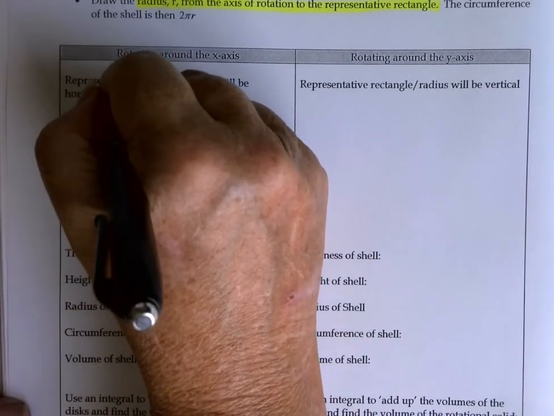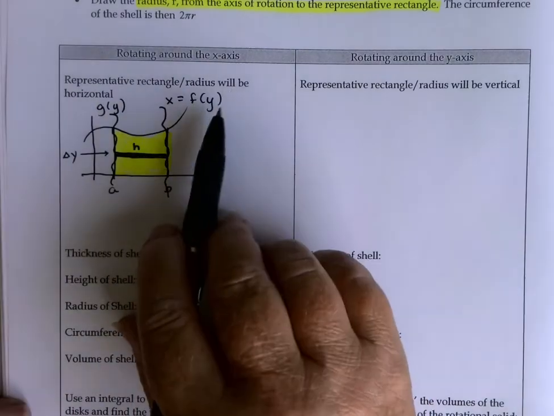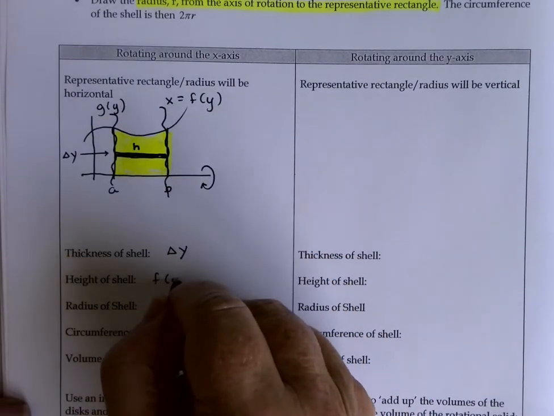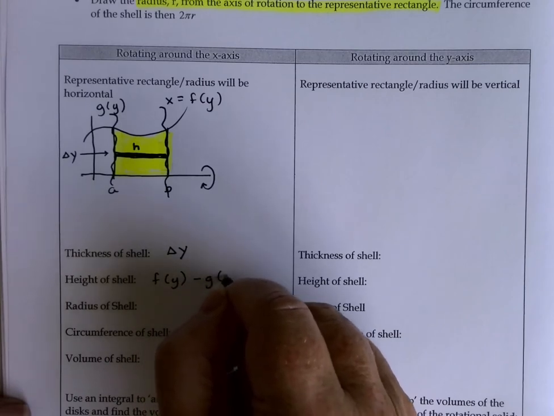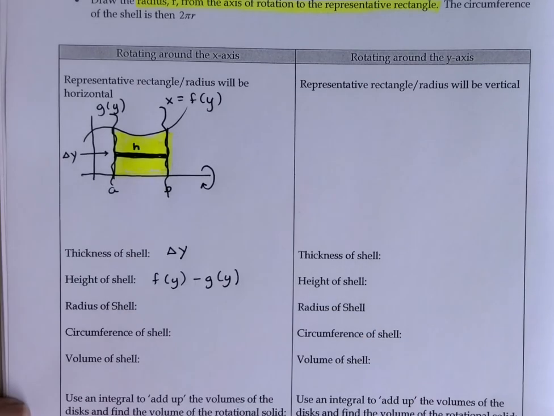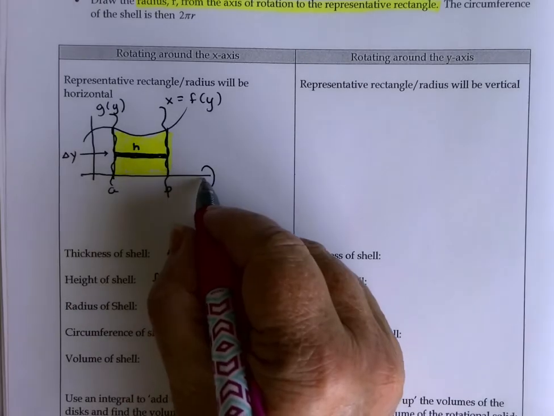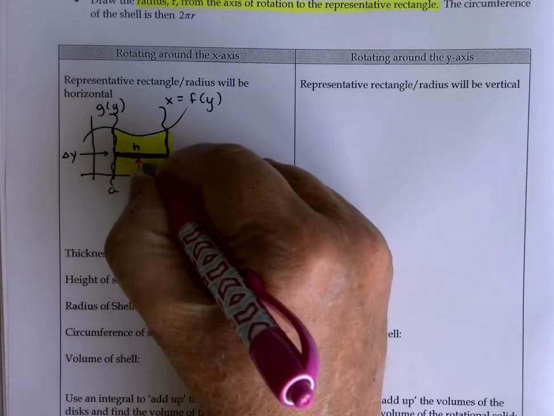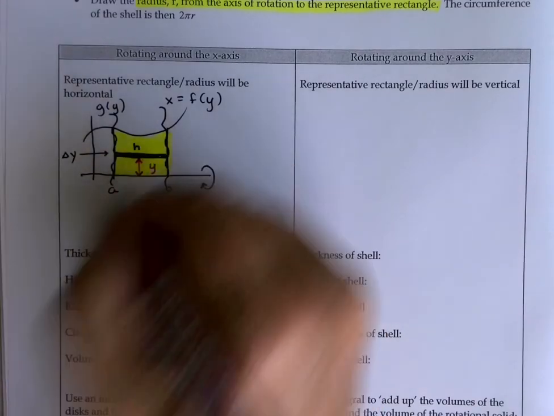Let me do this a little bit more generally. Let me call that g of y. We could have f of y minus g of y, right minus left. The radius of my shell, to get the radius, we always draw from the axis of rotation to the rectangle itself. Notice that's going to be the y value this time.